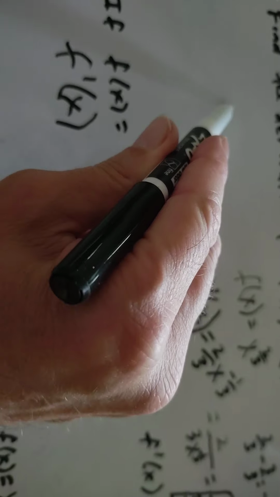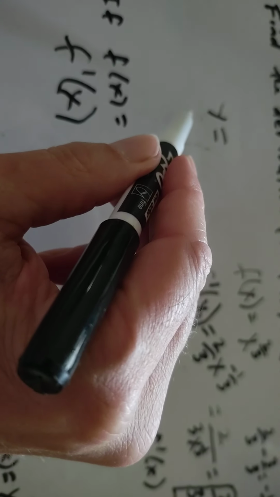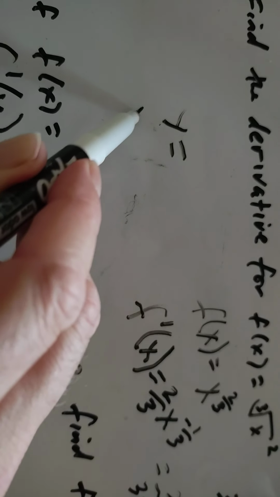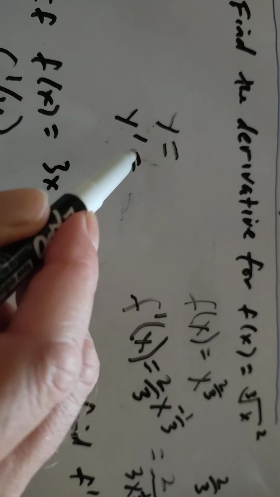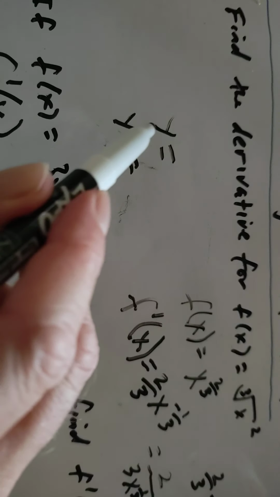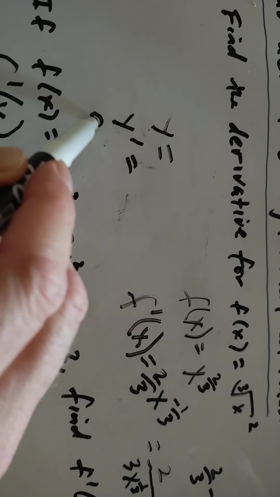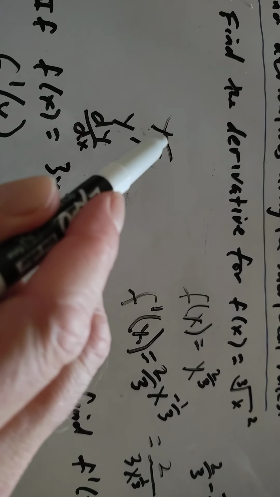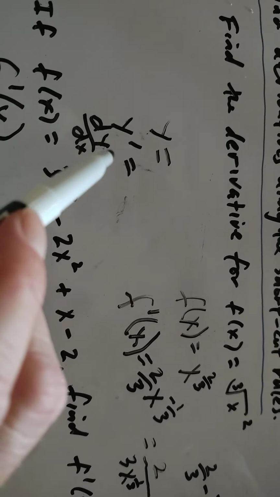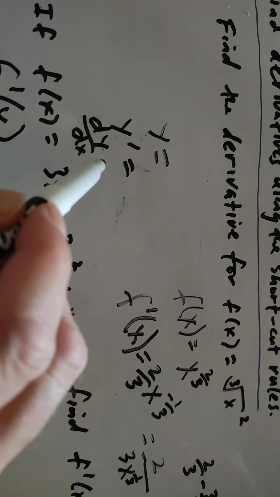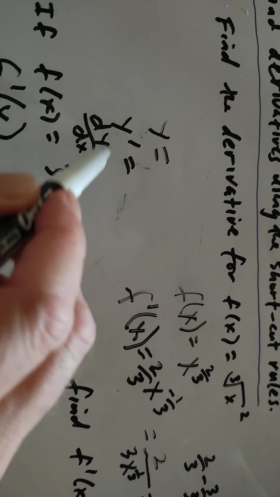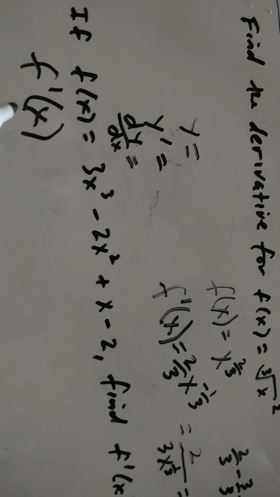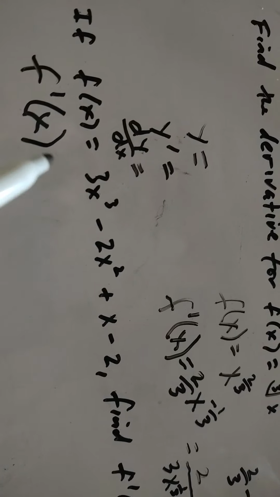Had the function been given as y equals something, then I would write the derivative as y prime equals, or another name for y prime is dy dx. So those are the popular notations to denote derivatives. If your function is just given as y, then write the derivative as either y prime or dy dx. They mean exactly the same thing, meaning the derivative function. But if you're given f of x, the best way to write the derivative is just f prime of x.